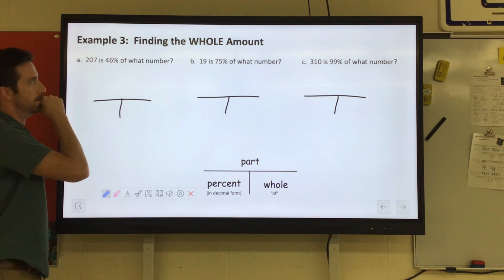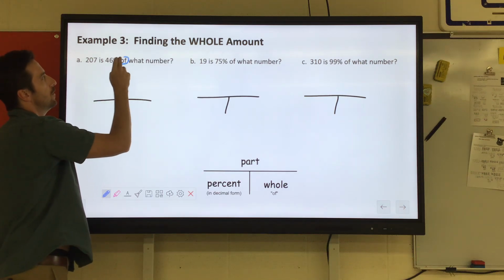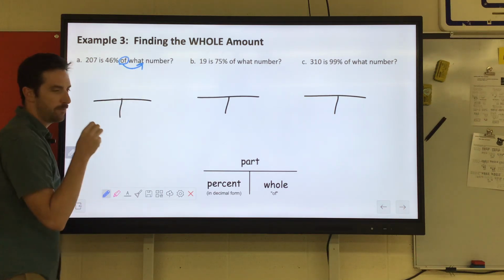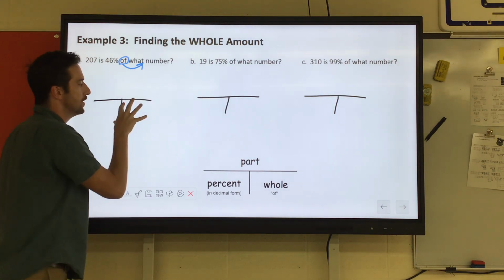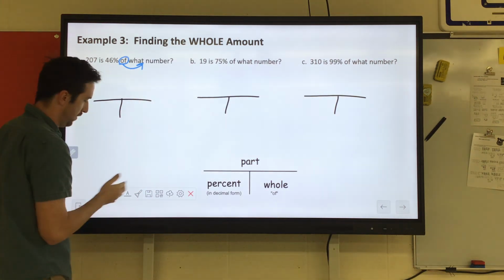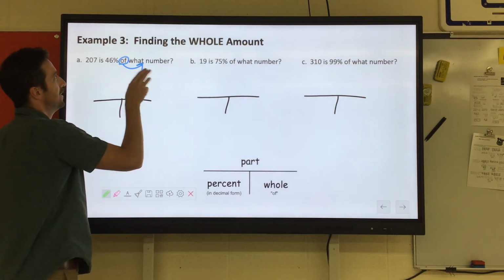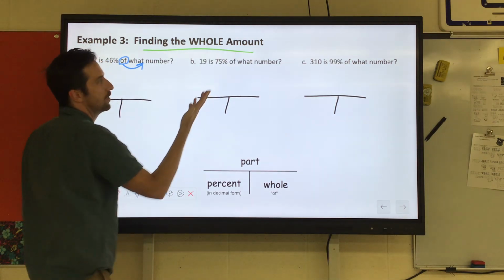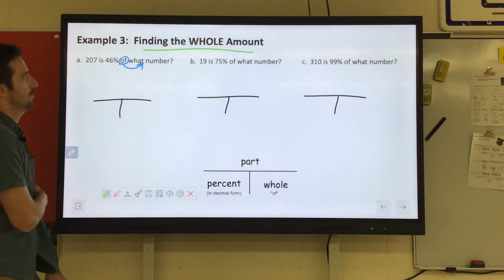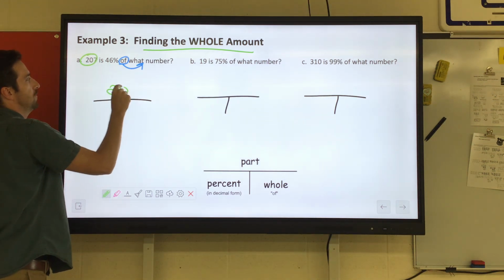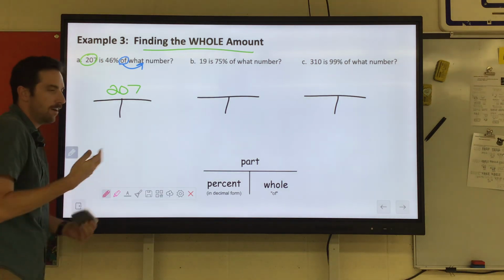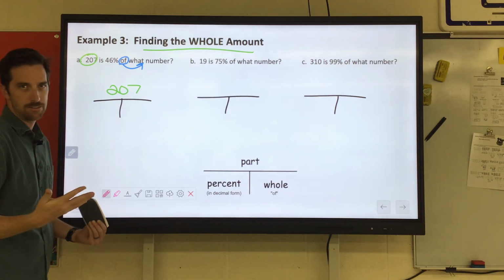$207 is 46% of what number? So remember, right after the word of is always the whole. So what number is the whole? That's the number we're looking for. It's not going to say always find the whole; you're going to have to figure out what they're asking for. So we're looking for the whole, which means 207 is going to be the part. 46% is obviously the percentage. We want it in decimal form.